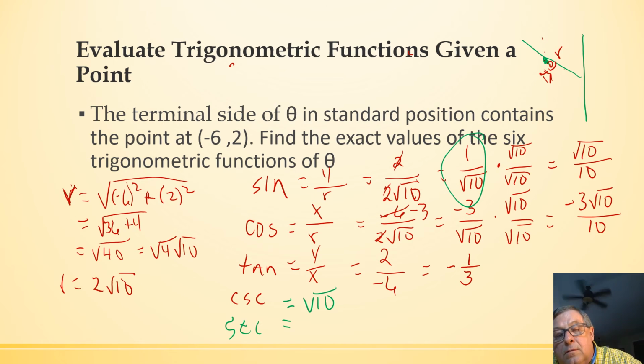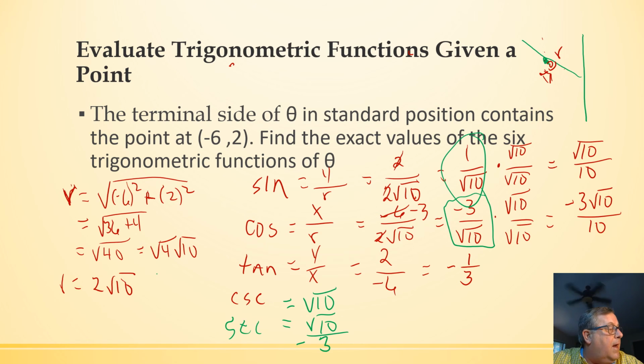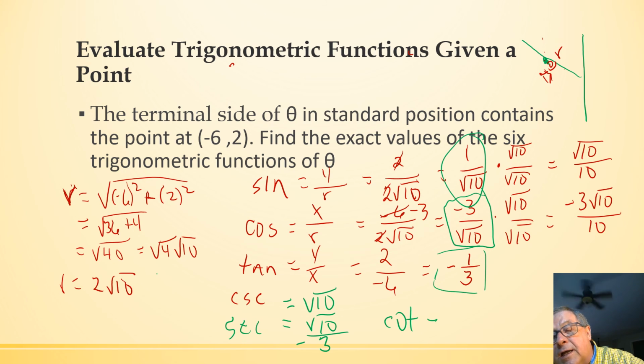And right here, we had it before we rationalized it: negative 3 over square root of 10. So the reciprocal of that is the square root of 10 over negative 3. And what else have we got? We've got the cotangent, and the cotangent is the reciprocal of the tangent. There's the tangent, negative 1/3. So the cotangent is equal to negative 3.